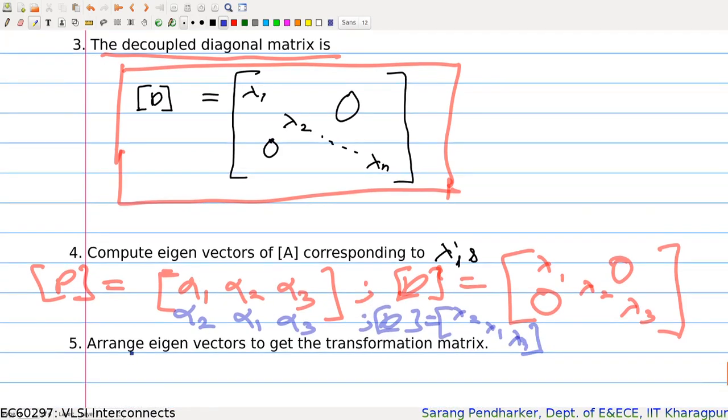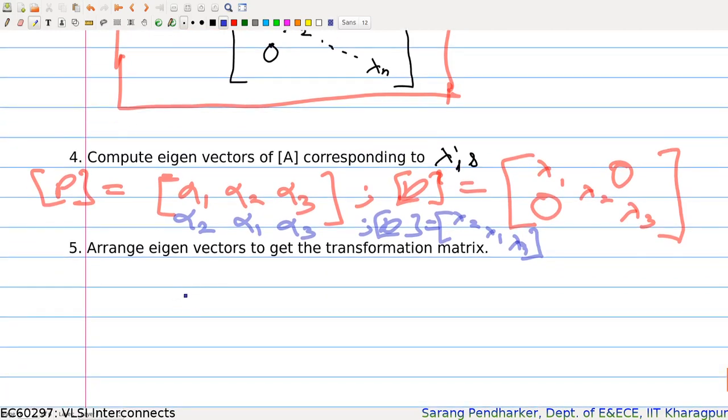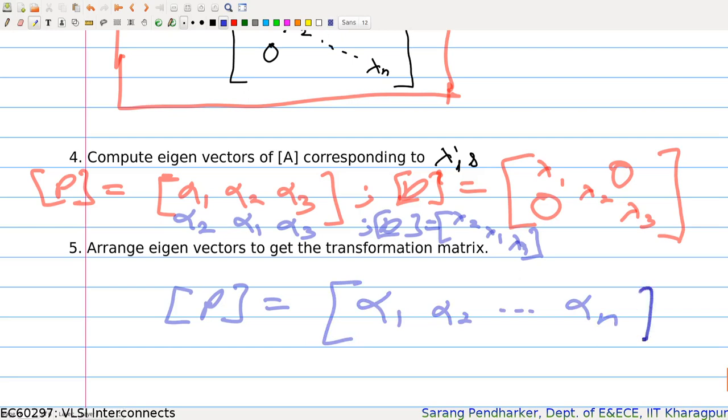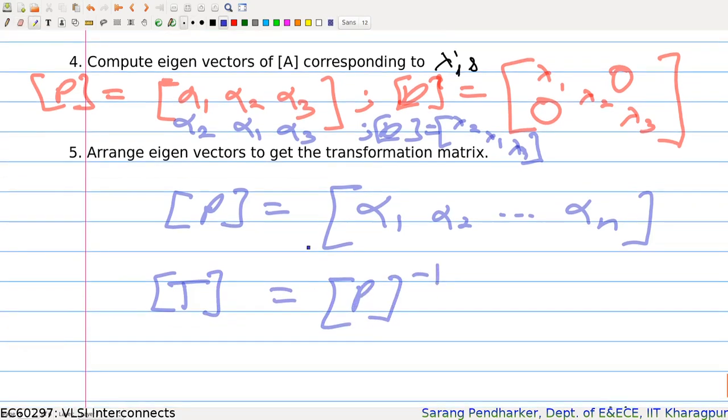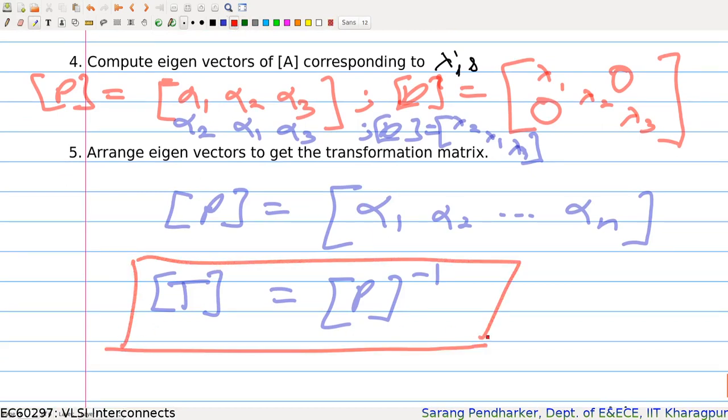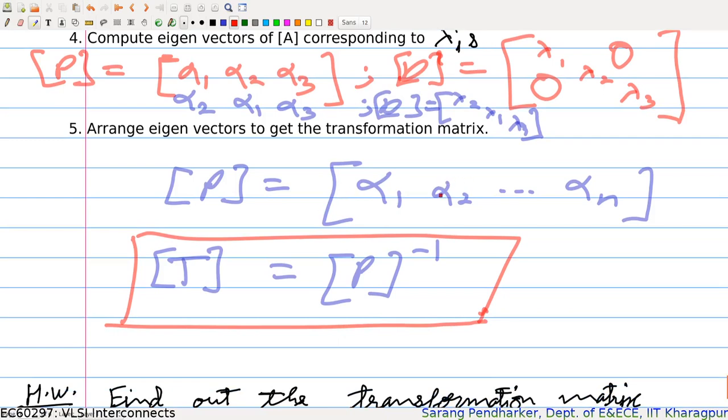Once you have this, you can arrange it as I have already mentioned to get your P matrix. The P matrix will be alpha 1, alpha 2, and so on, which is the P or T matrix. Arrange the matrix to get the desired form.